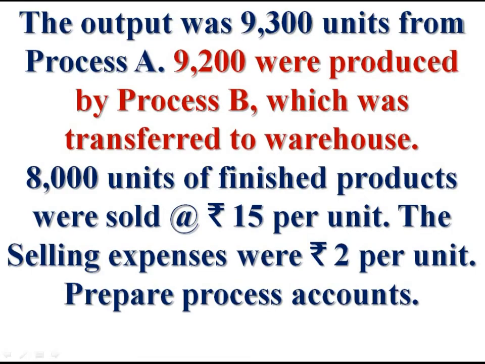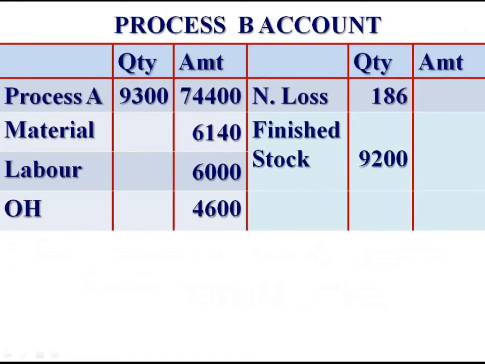9,200 were produced by process B, which was transferred to warehouse. It is the output of process B, 9,200 units. Credited: finished stock, 9,200. Then compare the quantity columns in debit side and credit side.